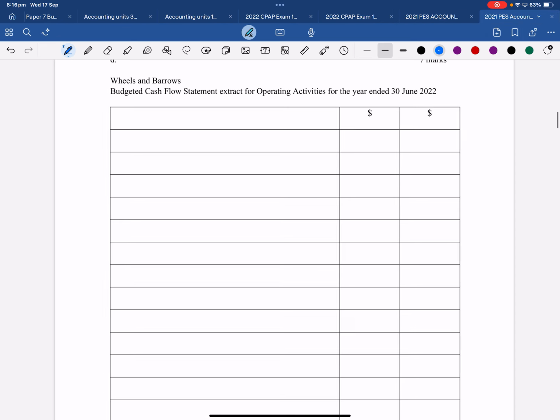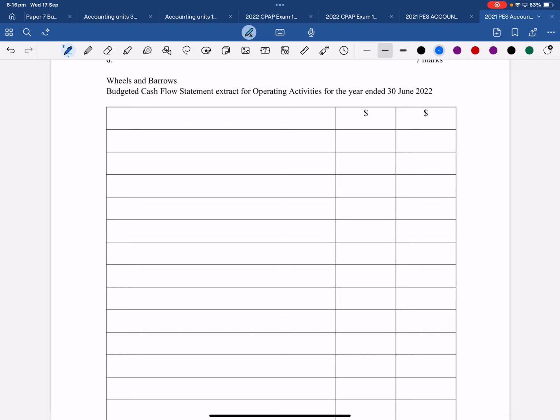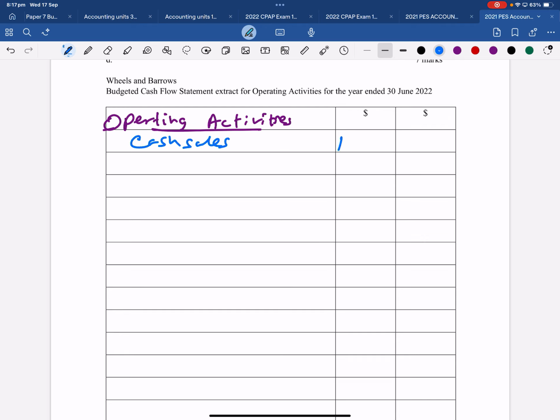Yep. So if you want, you can say inflows. You don't have to. This one is anyway operating activities. We don't have to write it necessarily, but let's write operating activities. Then we have inflows, which are cash sales, 112,000.